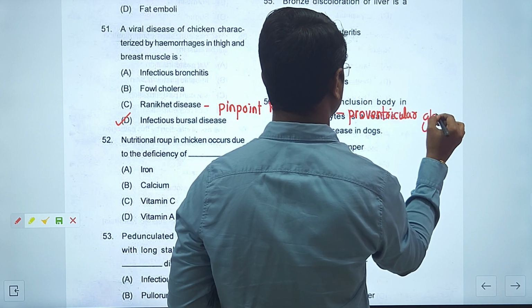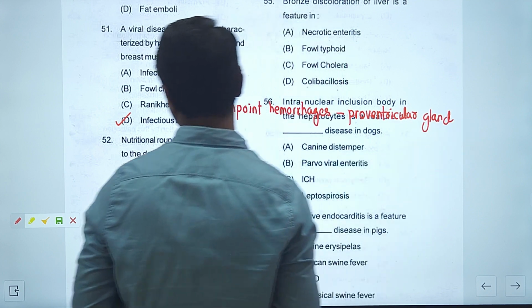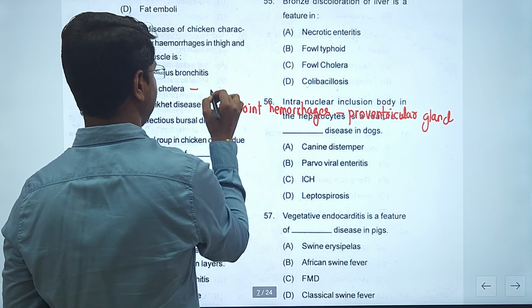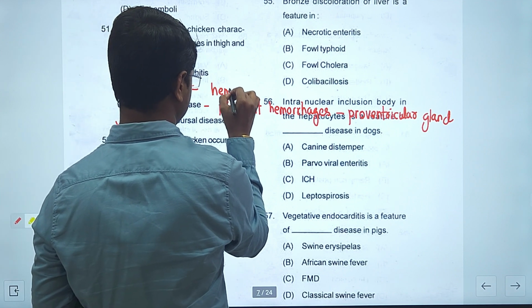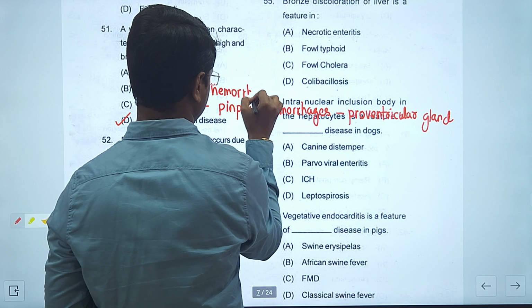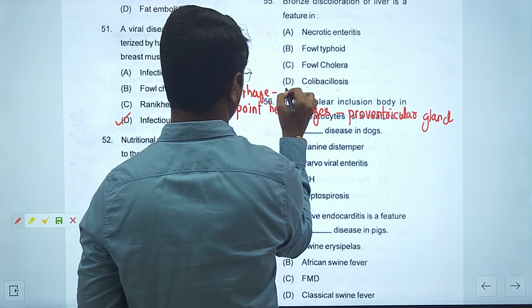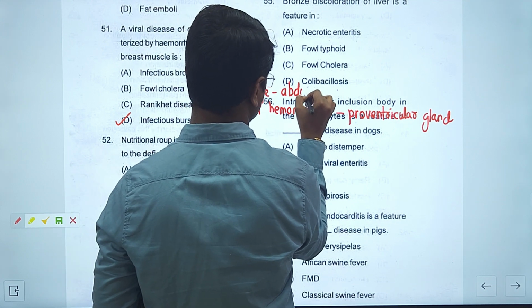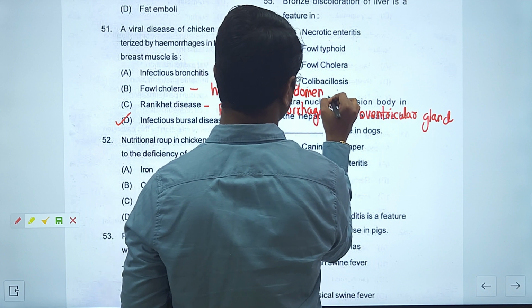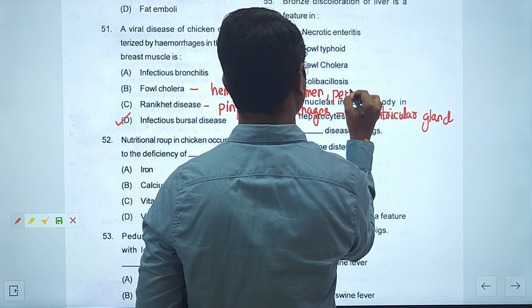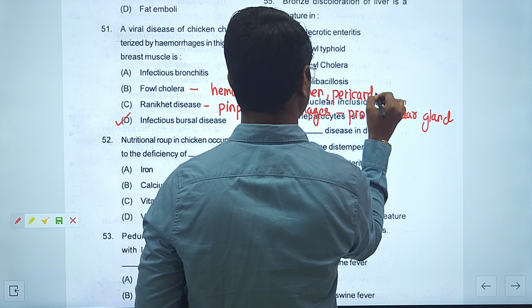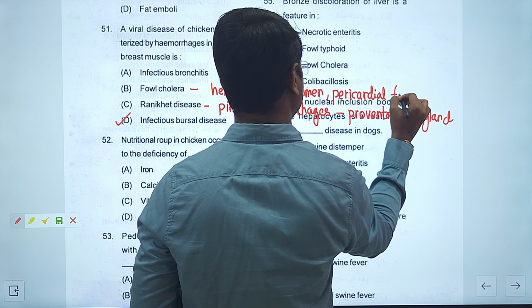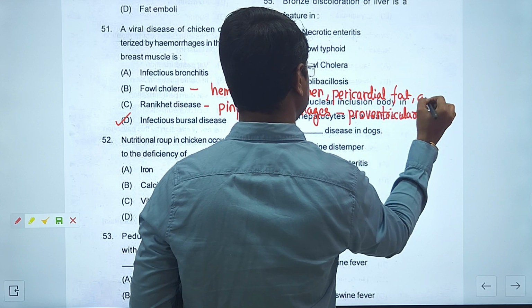In case of fowl cholera, you will find hemorrhages in fats, mostly abdominal fat and pericardial fat, and also in the gizzard.